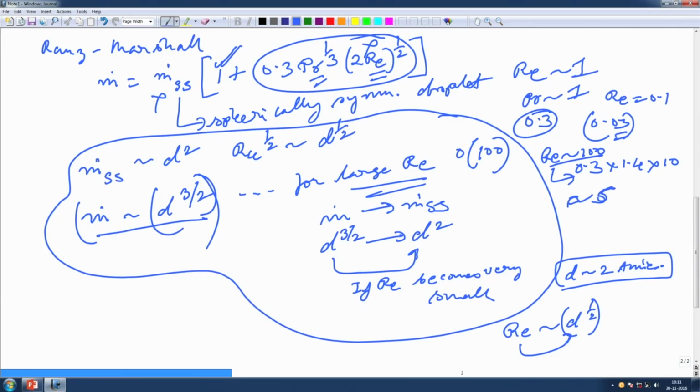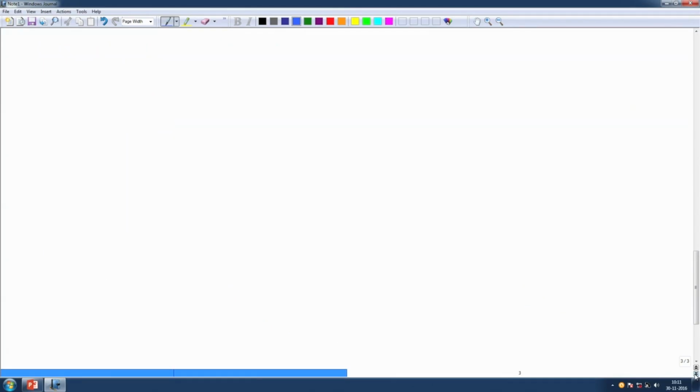So, if the Reynolds number is of the order of 100, it remains around that order throughout almost all of the droplet lifetime. Got it? Okay. Now, there are several other things to this whole tale.